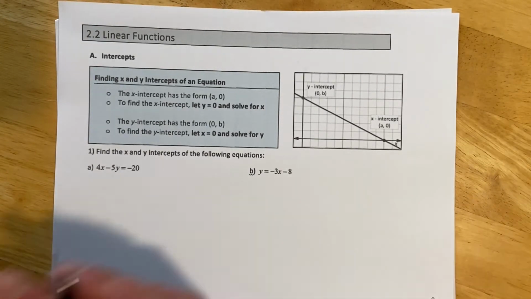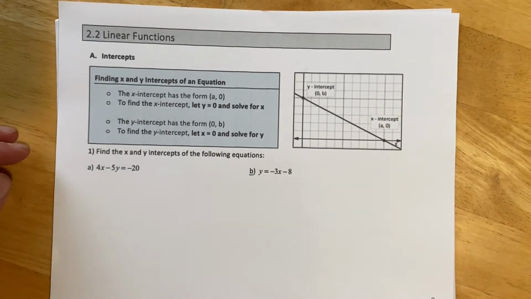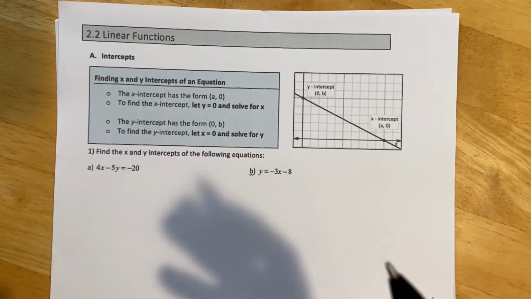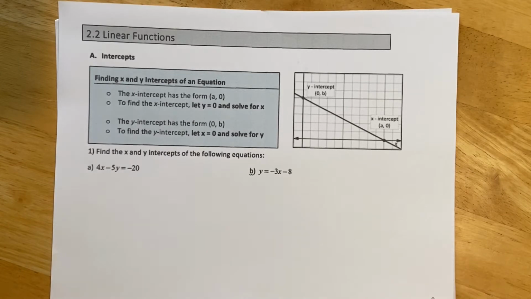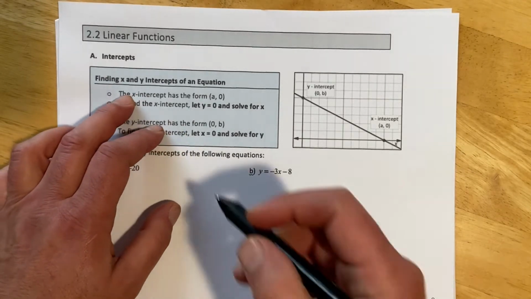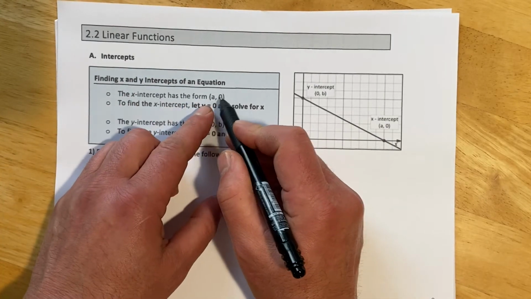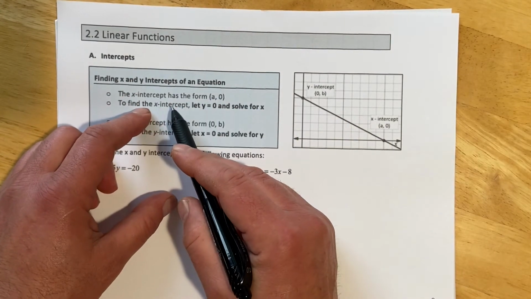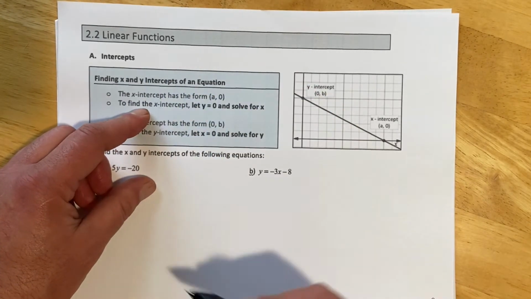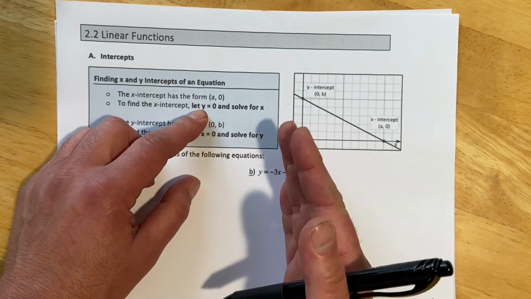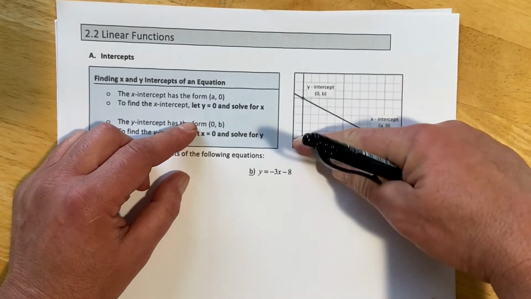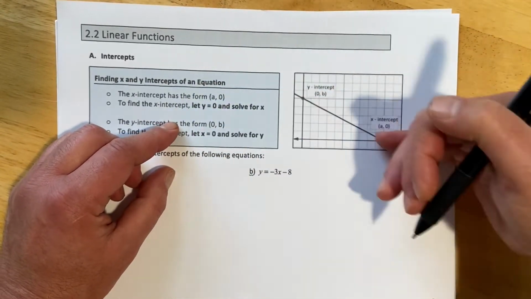Okay, so for part 1, starting off with intercepts. And we're going to see intercepts in all different versions in this course. Any kind of equation can have an intercept. But the key thing with intercepts is if you're looking for an x-intercept, it's going to have the form, some value and 0. So to find any x-intercept, no matter what kind of function we're looking at, we've got to let y equal 0, and that puts us on the x-axis.